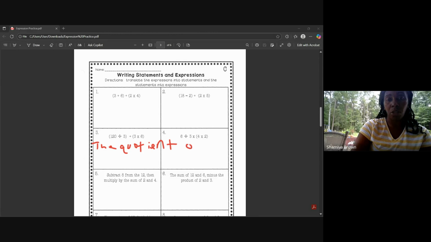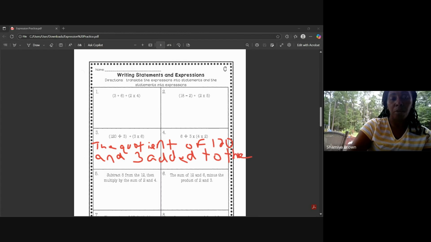So the quotient of 120 and 3 added to the product of 3 times 6.